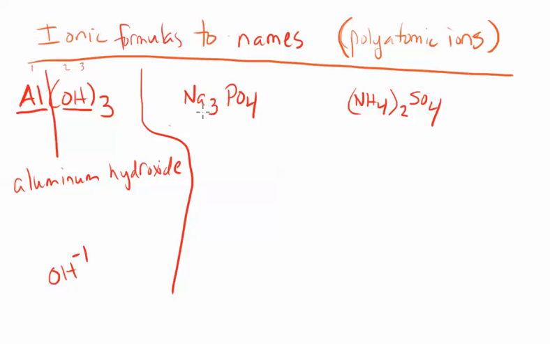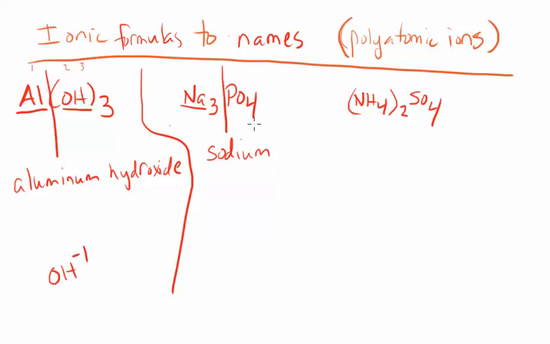So we look at the first element. It's got 1, 2, 3 elements in it: sodium, phosphorus, oxygen. So we know that this has to contain a polyatomic ion. Sodium is a metal, so we know this is our positive ion. We name that first. So this is sodium. And then the rest of this has to be our polyatomic ion.